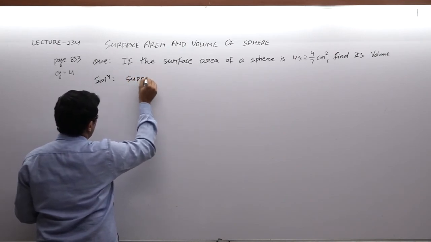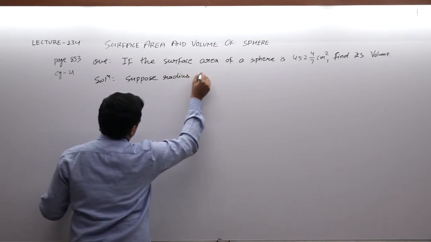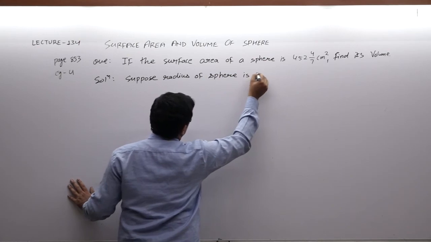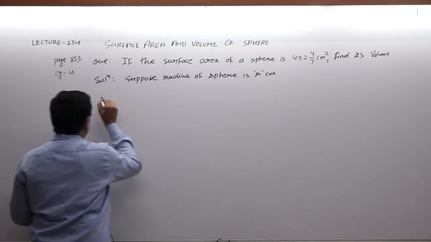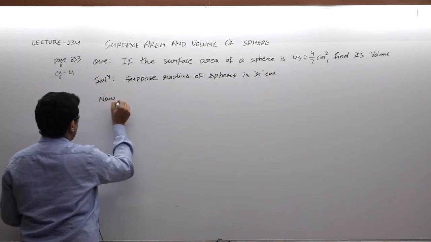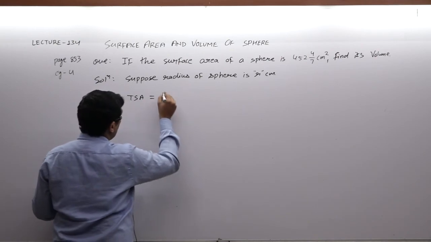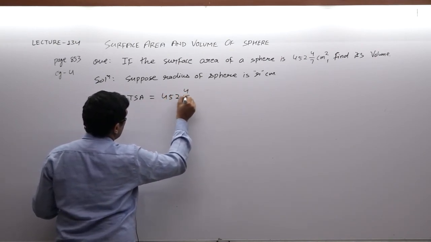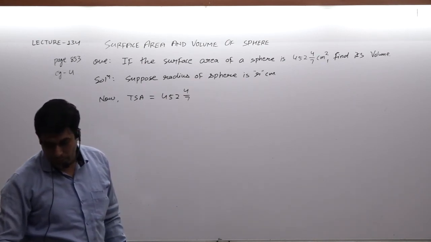Suppose radius of sphere is r centimeter. Now TSA is equal to 452 integer 4 by 7. Okay, 452 integer 4 by 7.